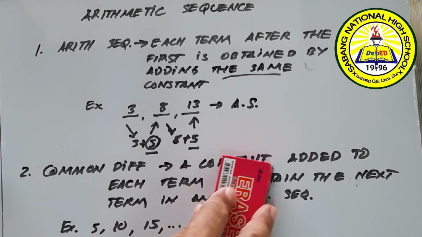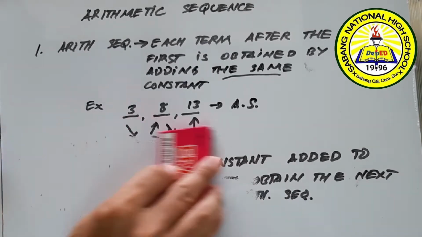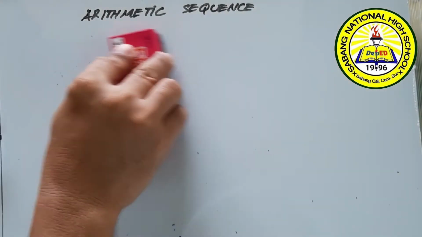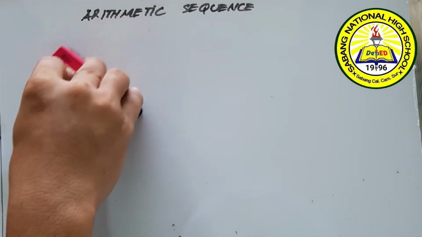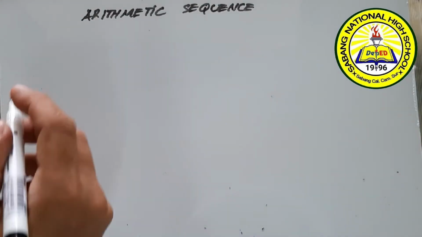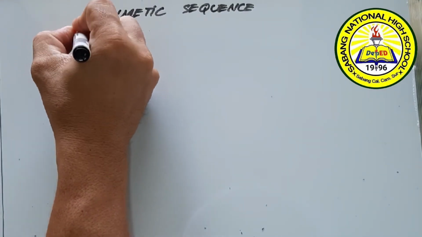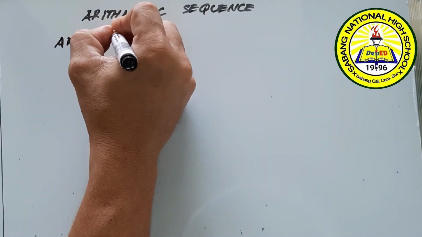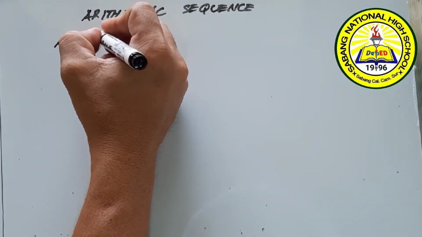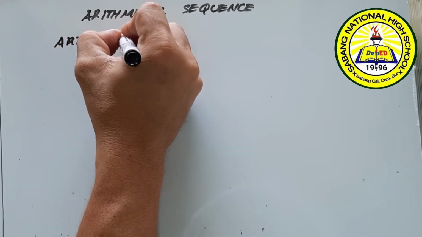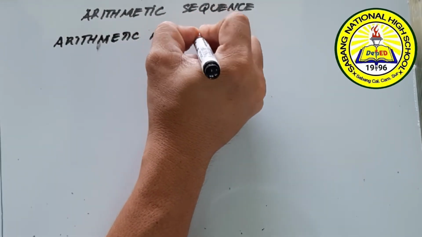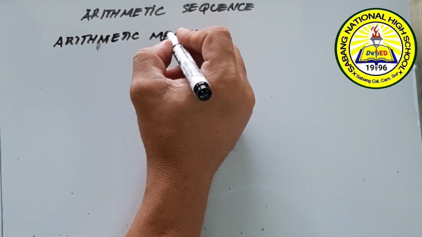Next, since this term is included in your final output or quiz in Mathematics 10, Module 2, the third word is what we call the arithmetic means. So what do we mean by arithmetic means?